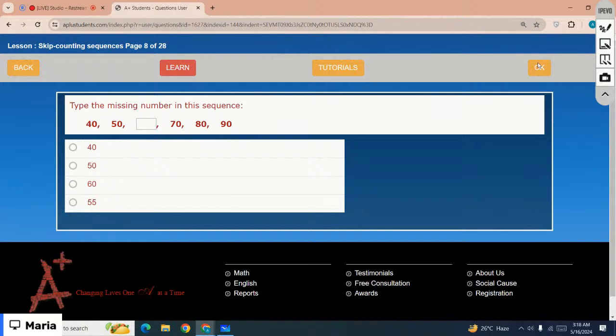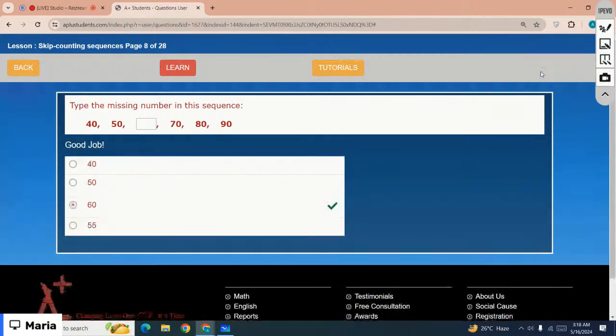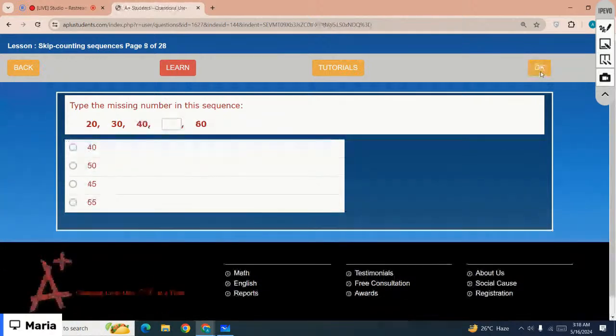The correct option is 60. The pattern is growing by 10, so the correct option is 60. Yes, the correct option is 50.